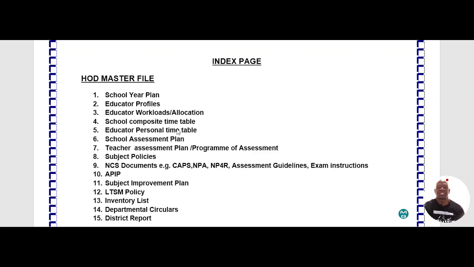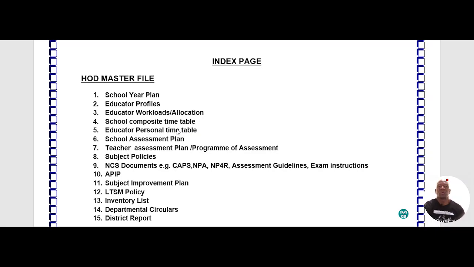So that is what it's all about when it comes to educator personal timetables. So he or she must have those so that if there is a class which is not attended, you can be able to determine as to who was supposed to be in this particular class.